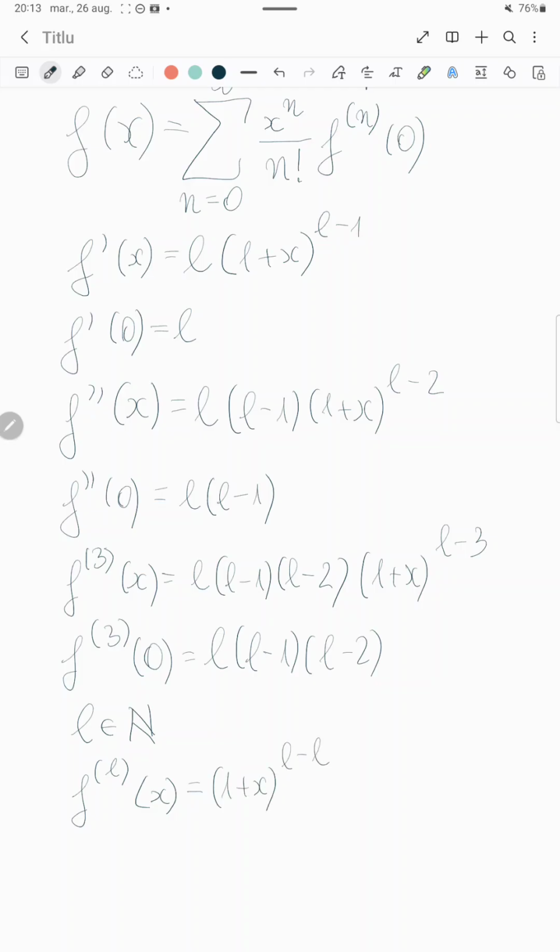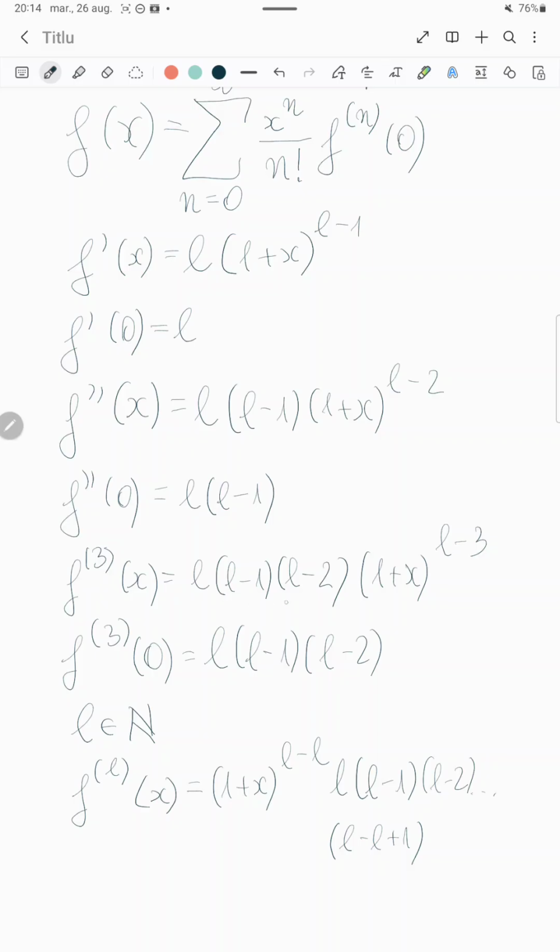And then the constants: here we had L, here L times L minus 1, here L times L minus 1 times L minus 2. So logically, here we should have L times L minus 1 times L minus 2, multiplied all the way to L minus L plus 1. Why?